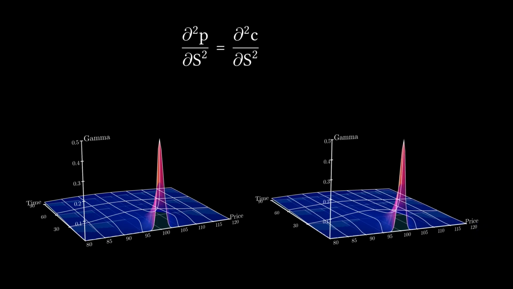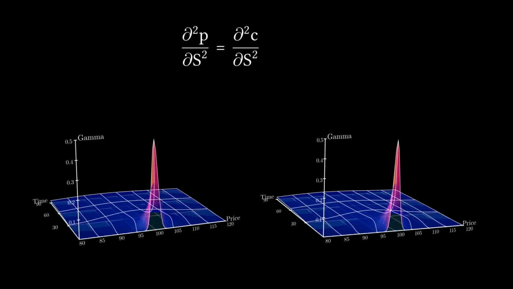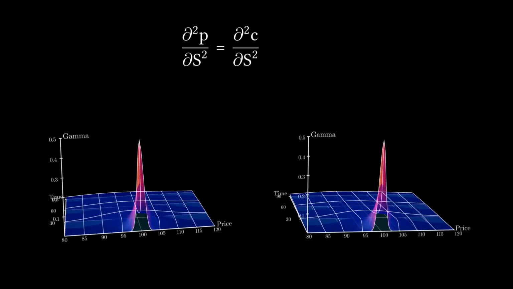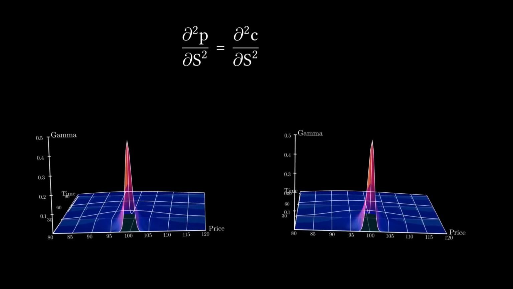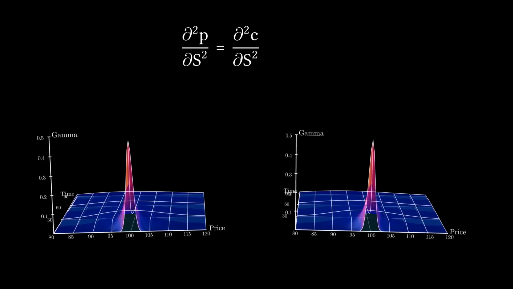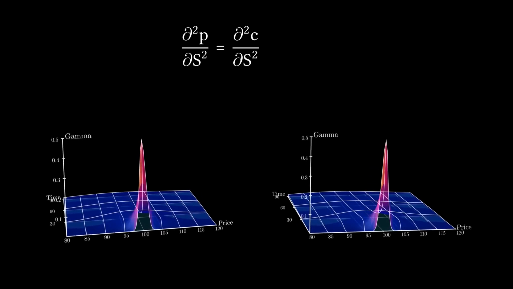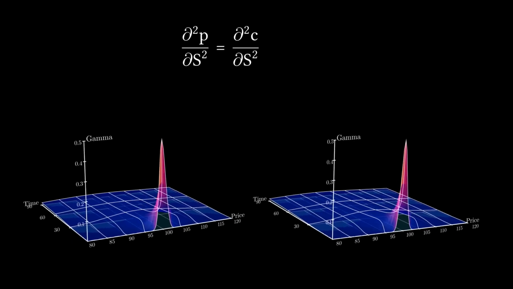But what is the intuition behind the gamma of both calls and puts being equal? Since gamma measures the convexity of the value of an option with respect to the price of the underlying, what it is measuring is the sensitivity in either direction of the value of the option to changes in the price of the underlying. So the fact that the gammas of calls and puts are equal is saying that their sensitivity to price changes is the same.